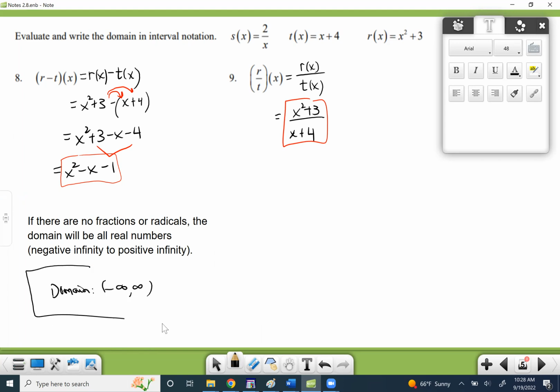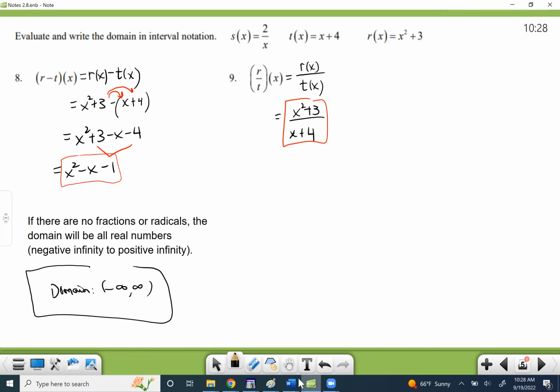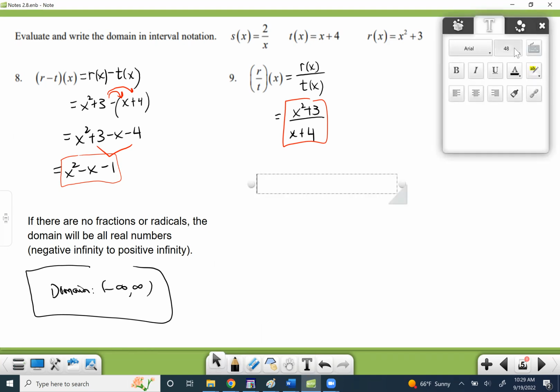Okay. Now, the second one does have a fraction, huh? So let's talk about what to do if there are fractions or radicals. What to do if there are fractions.